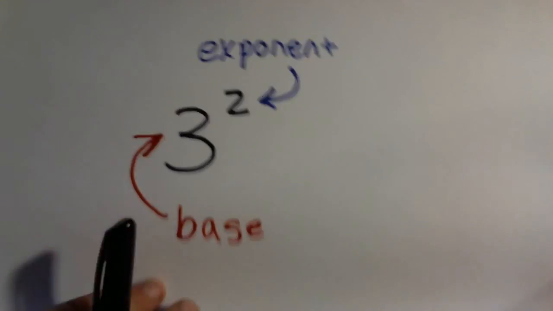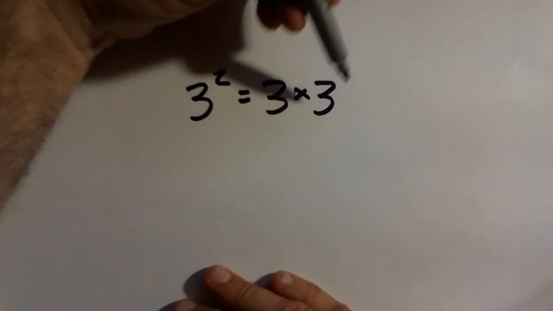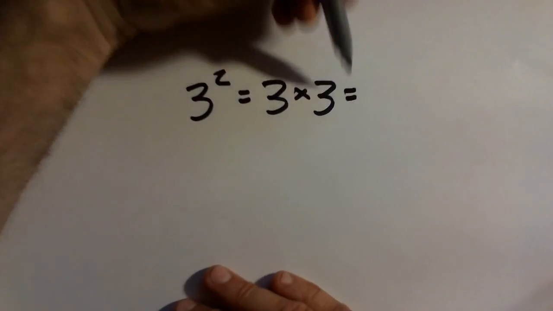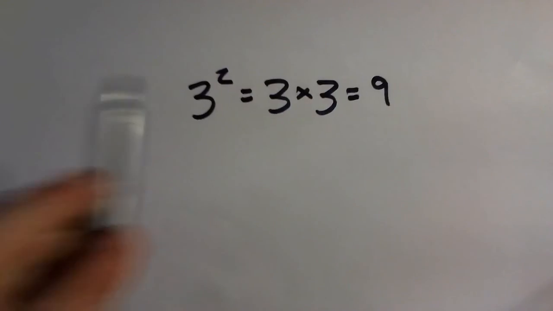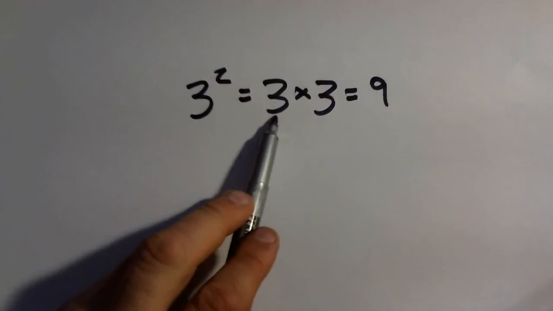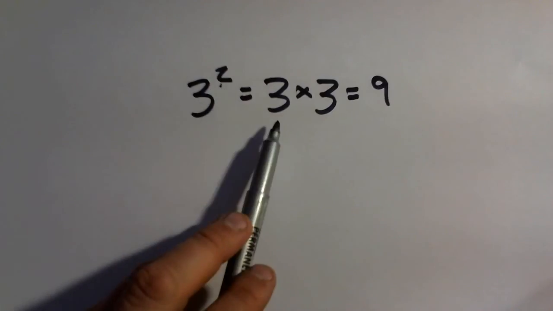So what is an exponent? What does it represent? Why do we care? Well, let's take that 3 squared. What that equals is 3 times 3, which equals 9. So how does this work? 3 is the base, which is these 3's. The 2 means how many times we're multiplying it.